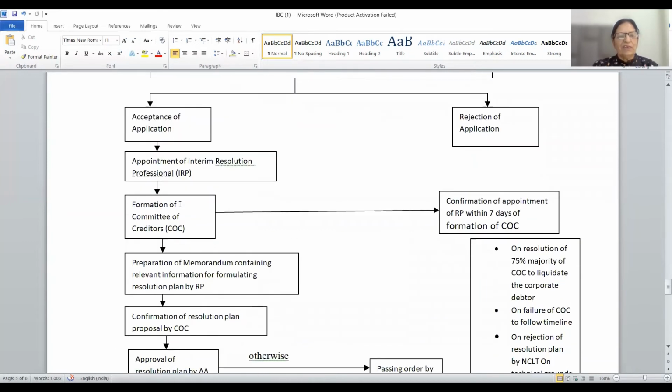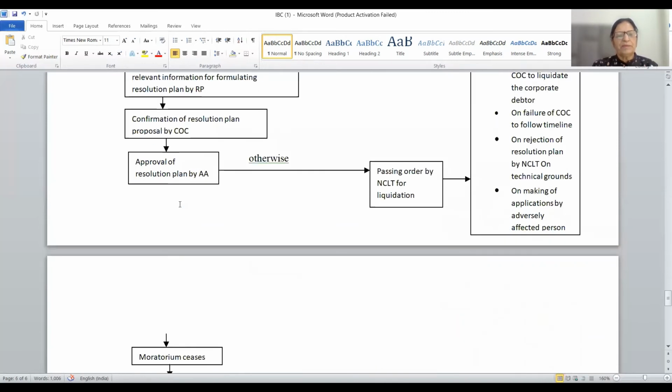After the COC has been formed, a memorandum is prepared, which contains the relevant information for formulating the resolution plan by the RP, that is the resolution professional. Now this resolution plan is confirmed by the COC, and once it has been confirmed, the resolution plan is approved by AA.